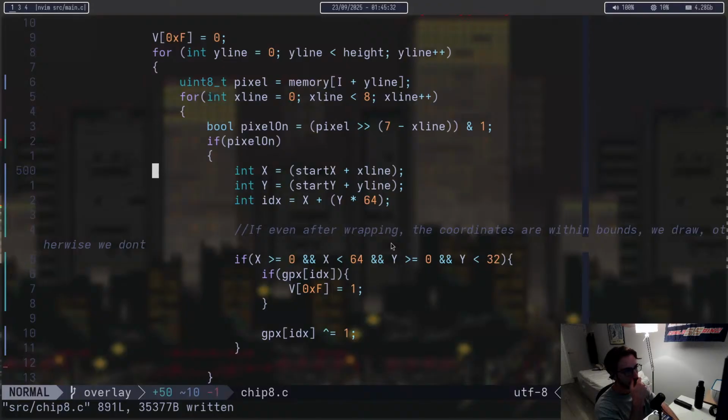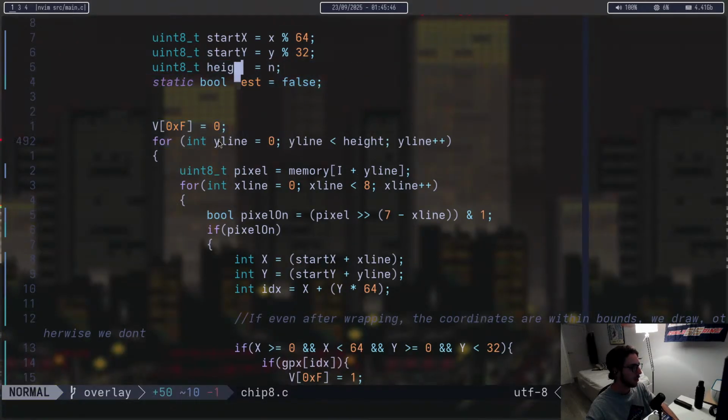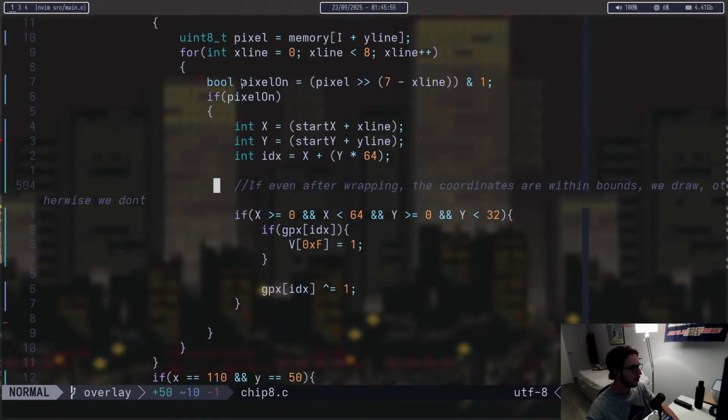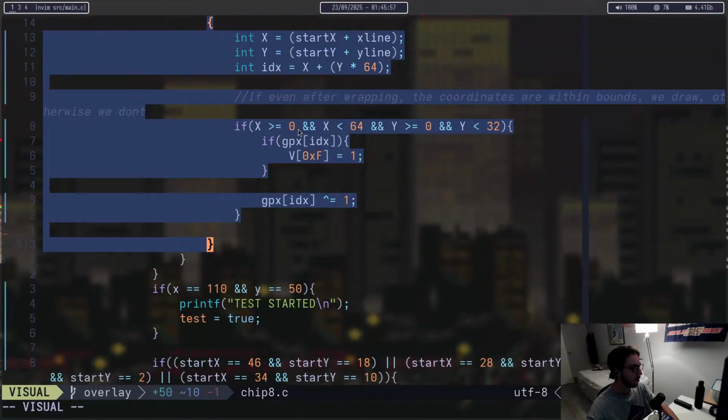Maybe what I have to check is if this here exceeds the actual coordinates, no? I mean, which is kind of what I'm doing here, so it doesn't make any sense.